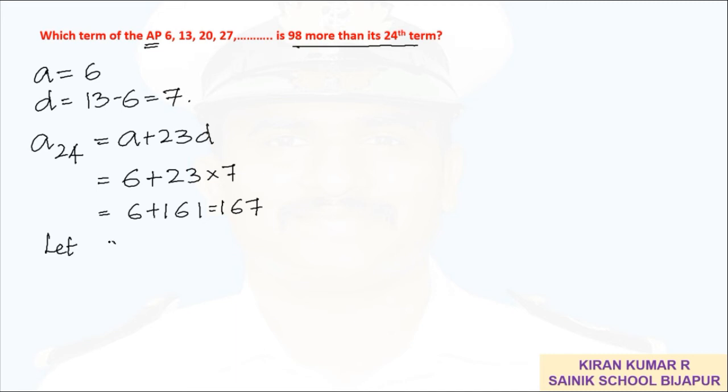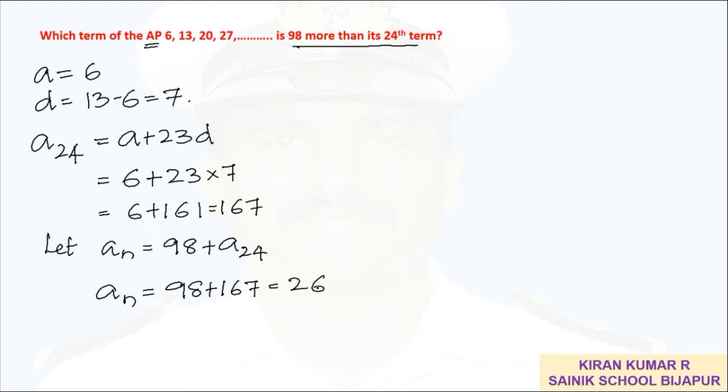Let me consider AN as the nth term. The nth term is 98 more than the 24th term. If I consider this number as AN, this is 98 plus 167.